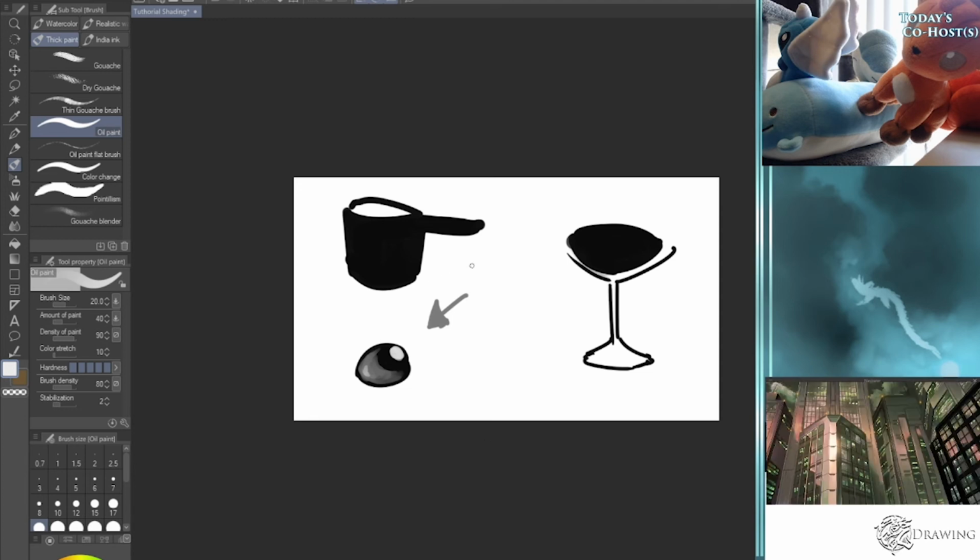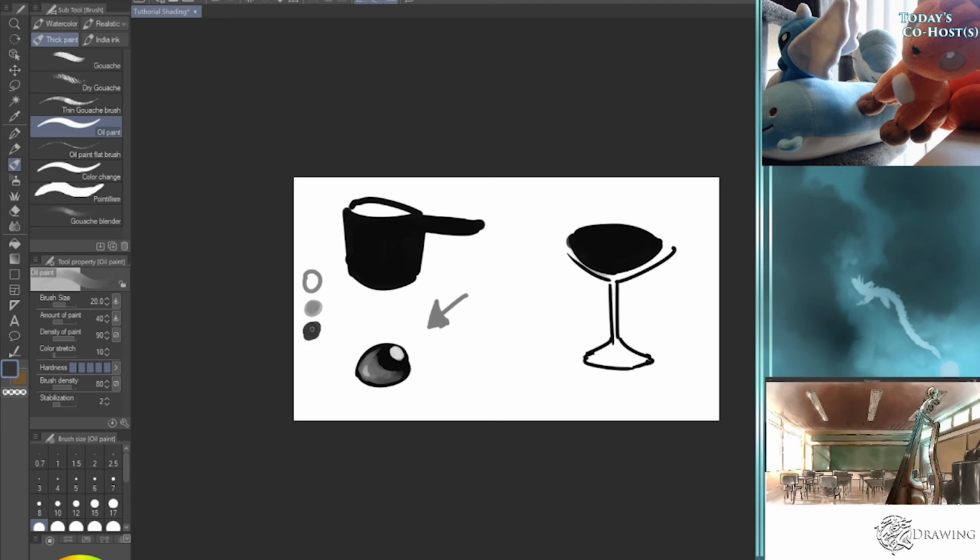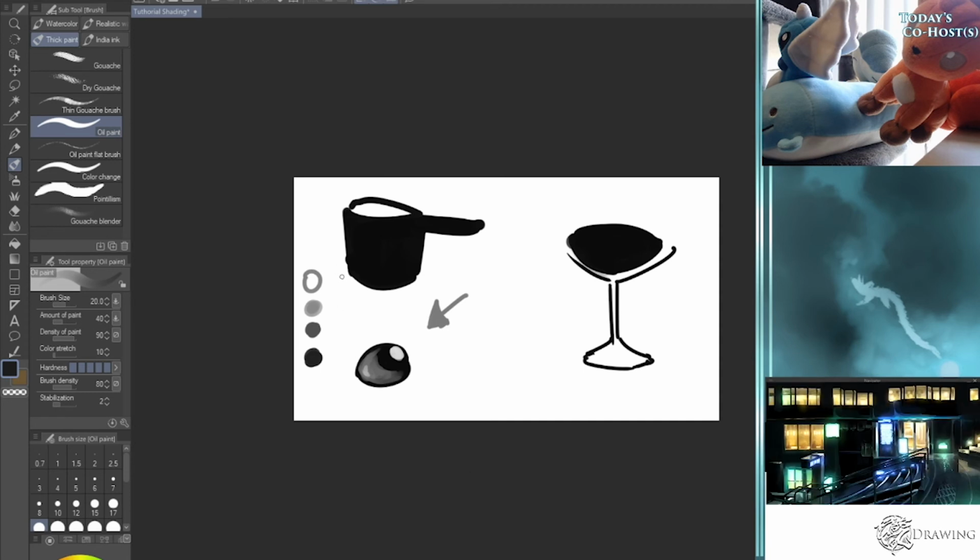You remember our system, right? We have the highlight, the local tone, the core shadow, and the reflected light and the core shadow, in that order. So this time, the highlight is in the same place.